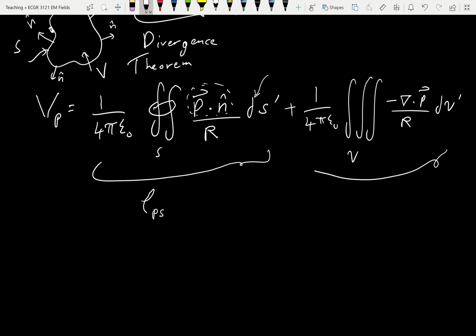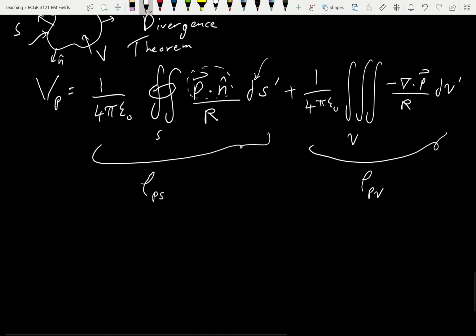This looks like a voltage that arises due to a volume charge density. It has the same form. Remember we had the surface integral of rho s over r ds prime. We did that in the past, and this is the volume integral of rho v over r dv prime. So the surface charge density is this term, which is P dot n hat, and n hat is the normal vector at the boundary of the medium.